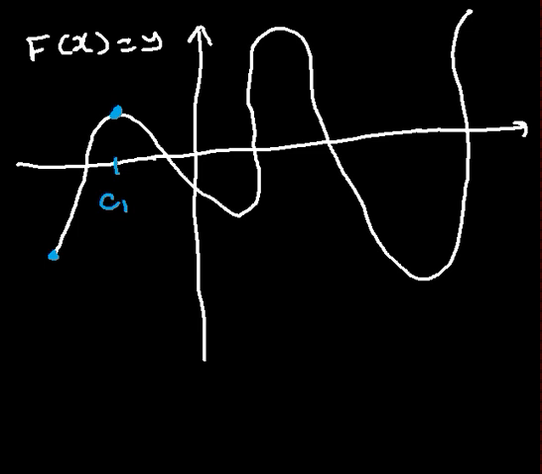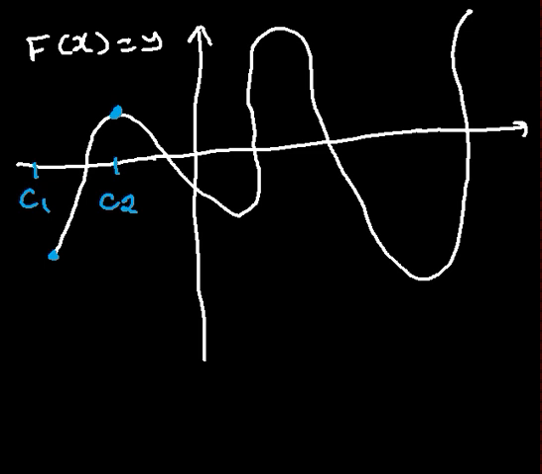But let's say the x value corresponding to this point, I should have it as, let's say, c2. And for this point, c1. I may say x1, x2, whatever, but for the sake of interest, I just use c1, c2, and so on.